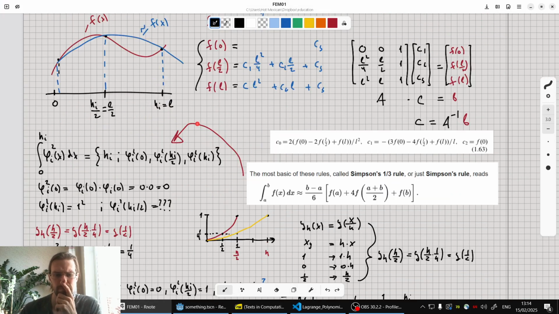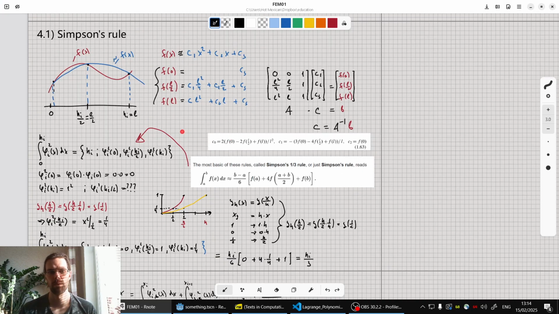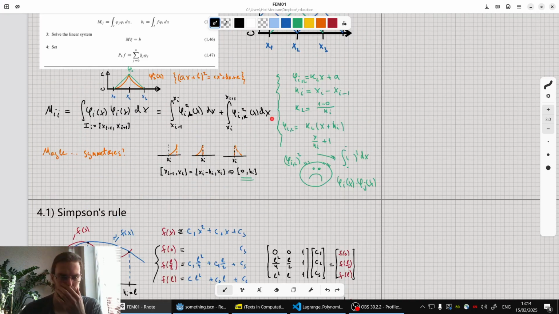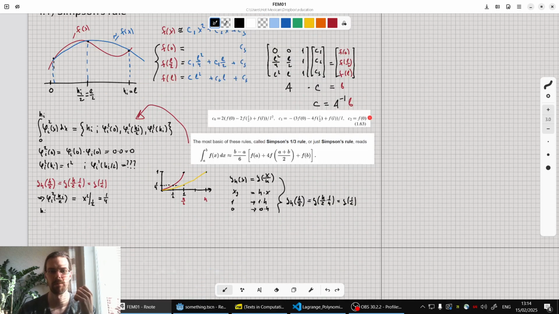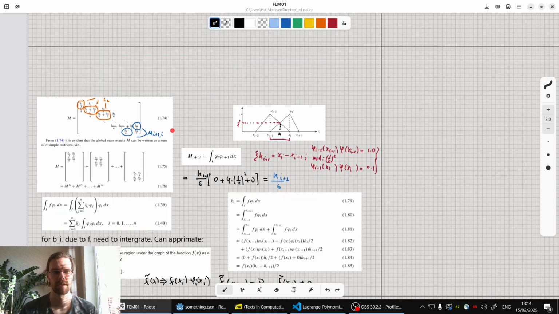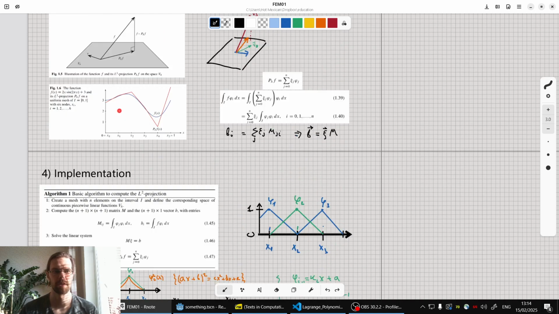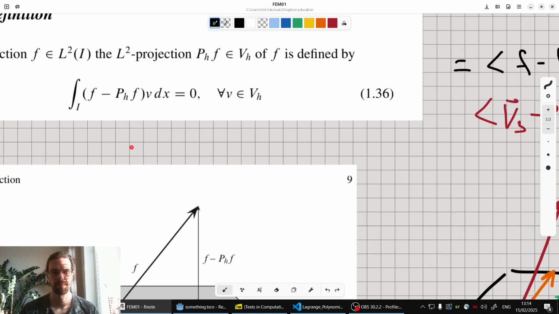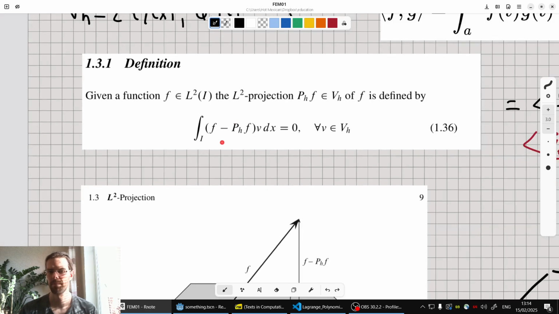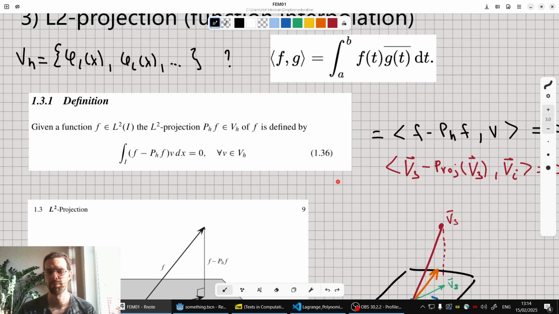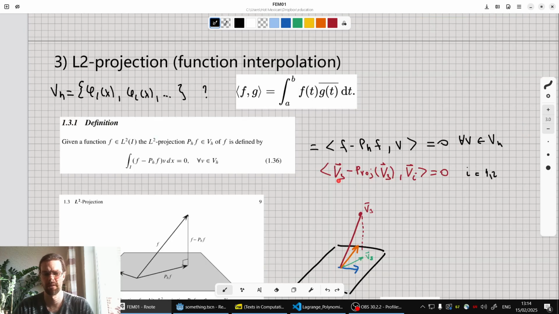Now, why I wanted to talk about this particular L2 problem, because it involves this type of expression. Basically, some function times another function, and it's a part of, I think, variational analysis.